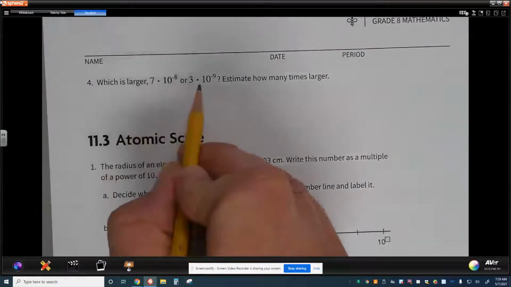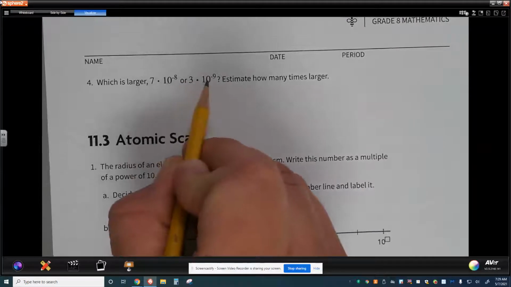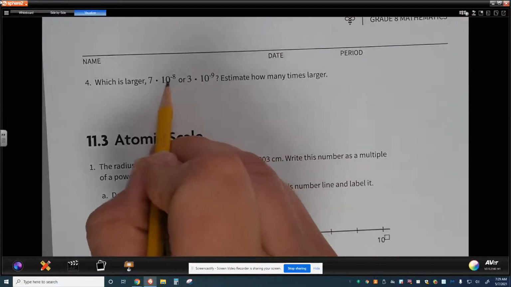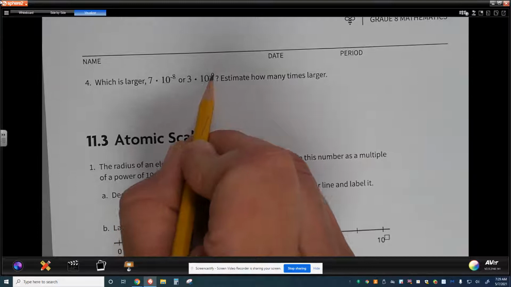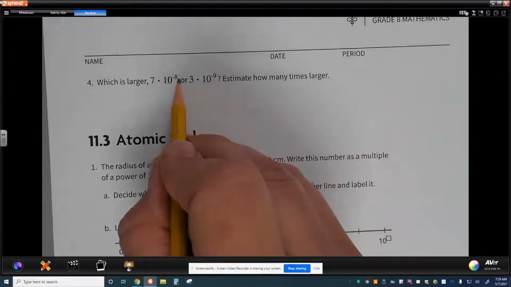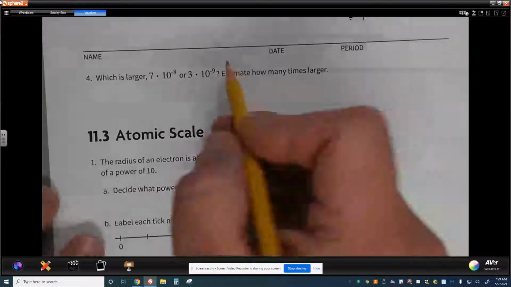As we look at these powers of 10, we have to understand that the power of 10 determines the place value where we're given. Now, while this place value right here says 10 to the negative 8th and 10 to the negative 9th, you might be tempted to say, oh, well, that has more powers of 10, so that one is going to be the larger value. Remember that negative powers follow the same rule of negative numbers.